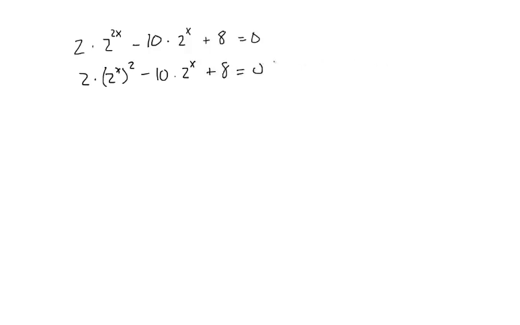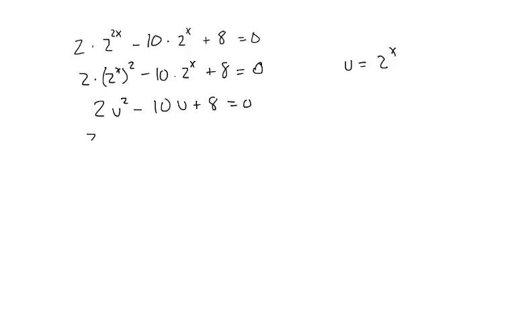And now we're going to use a substitution to make this look like a quadratic. So I'm going to say u is equal to 2 raised to the x, and then I can rewrite this as 2u squared minus 10u plus 8 is equal to 0.